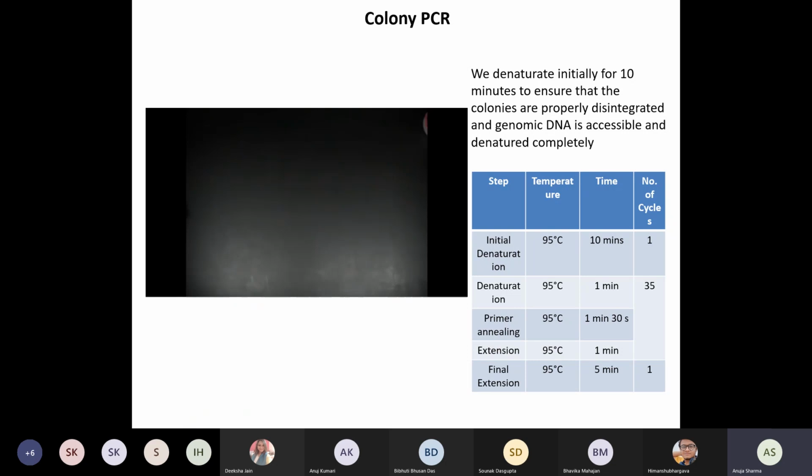Now, in order to perform colony PCR, you're going to need four things: an epi rack with your PCR master mix, PCR tubes, one for each sample, sterile culture tubes containing the growth medium and antibiotic of your choice, and finally, of course, the bacterial plates that have the colonies that you're going to examine.